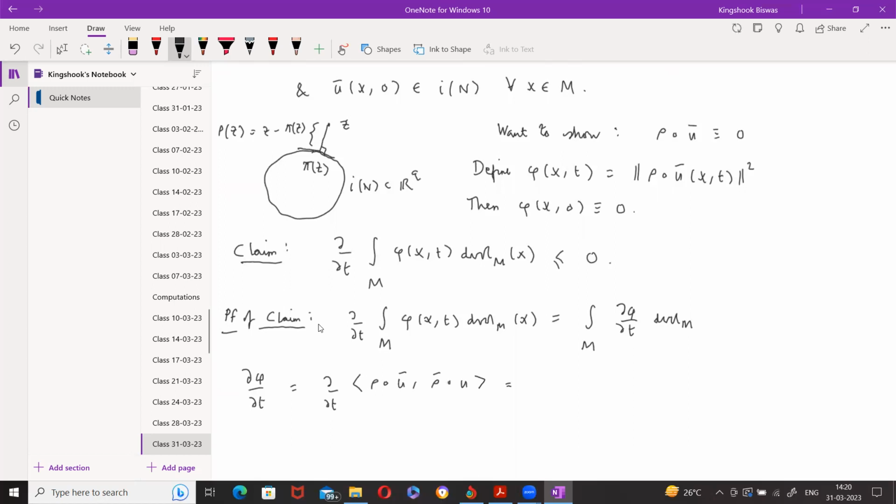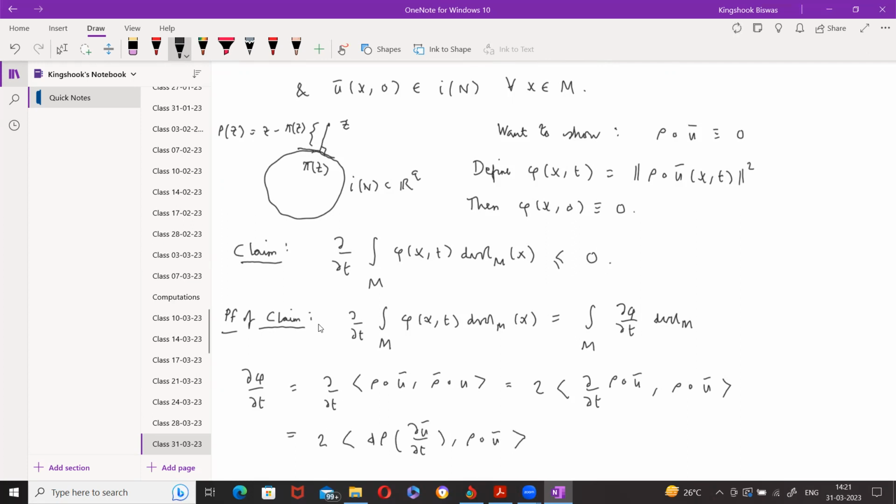So by the Leibniz rule, this is twice the inner product of del t of rho composed u bar with rho composed u bar, right? So by the chain rule, del t of rho composed u bar is d rho of del u bar del t. Okay.